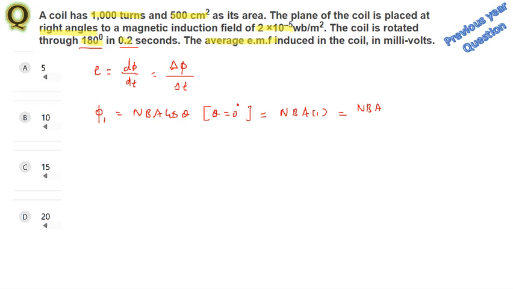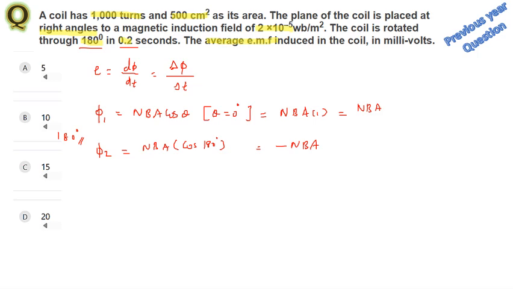Next one, after 180 degree of rotation, so phi 2 here is NBA cos of 180 here. Now I just mentioned cos 180 degree. Cos 180 here is minus 1. So what you are having here is minus NBA.